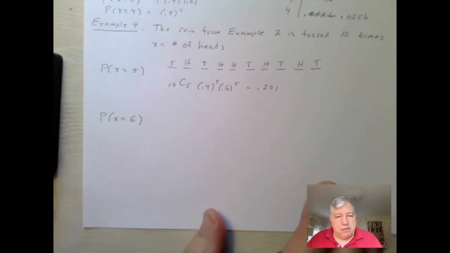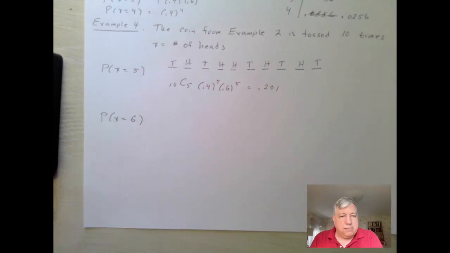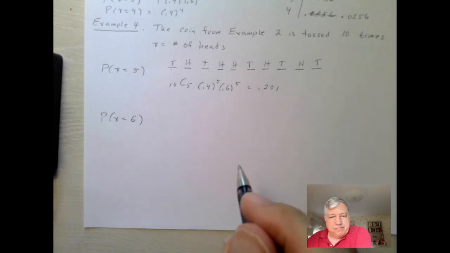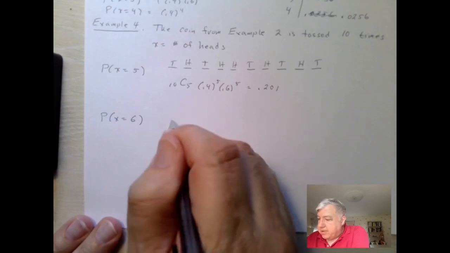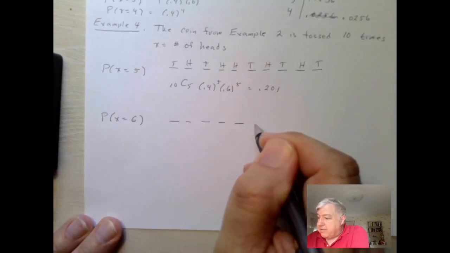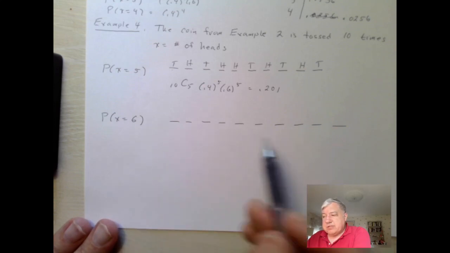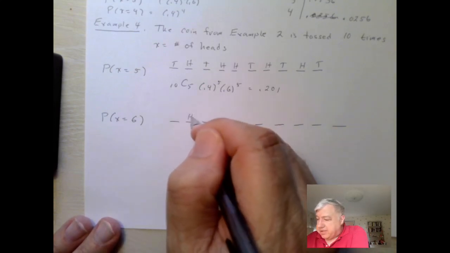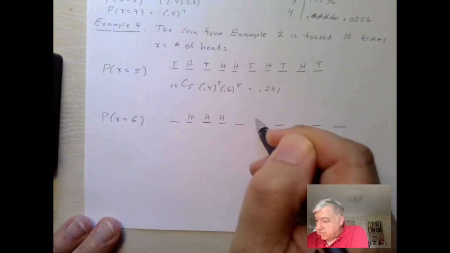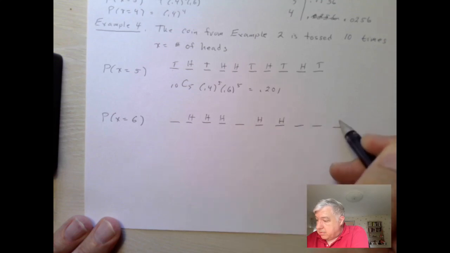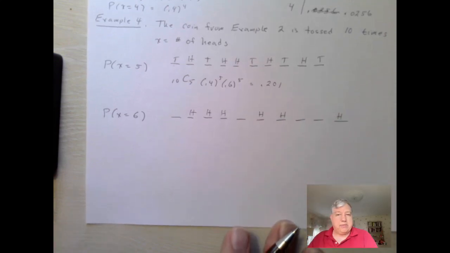And for the probability that X equals 6, I think you can hopefully see the pattern here, how we would do this. You once again take 10 tosses, and how many ways can you put 6 heads here? Maybe something like that.